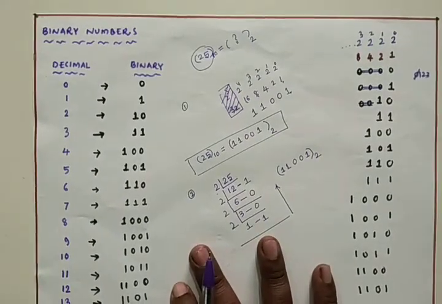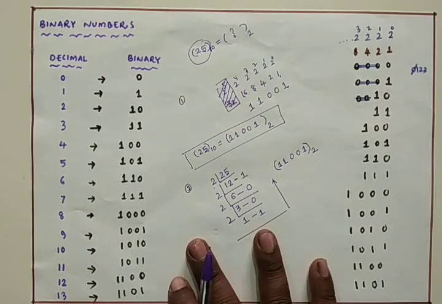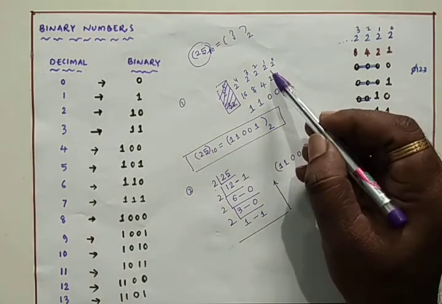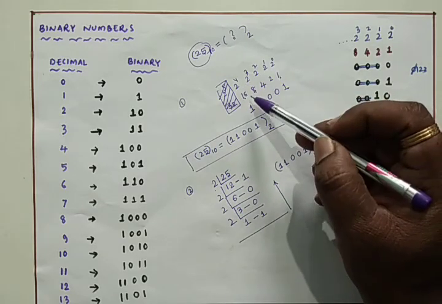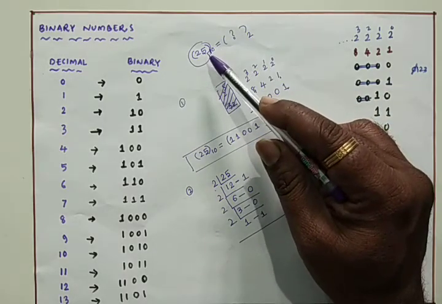Now, if you know a decimal number and want to convert it into binary form, we have two procedures. One, by using positional weights, you can represent the number and by adding the required digits, equate that to the given number.